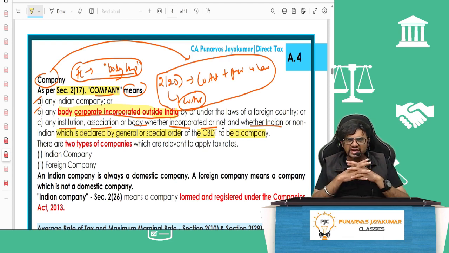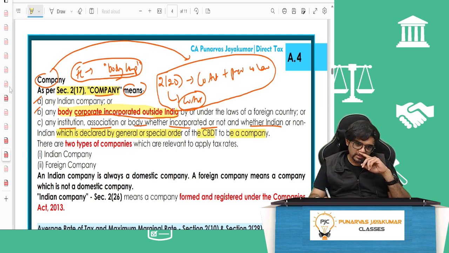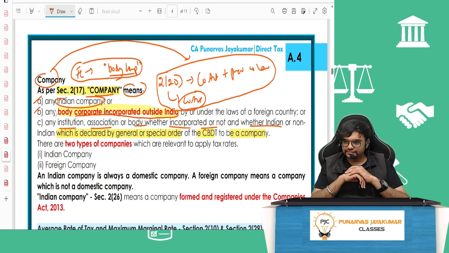So it is a wide definition in the Income Tax Act. In the Companies Act, company means what? Indian company. But in the Income Tax Act, Indian company is already there, and even a body corporate is a company. When I use the word company in the Companies Act, a foreign company is not a company. But when I use the word company in the Income Tax Act, a foreign company is also a company.